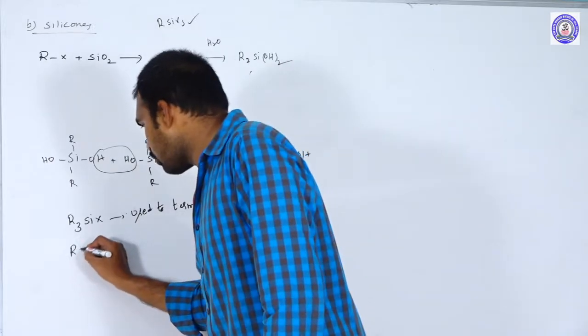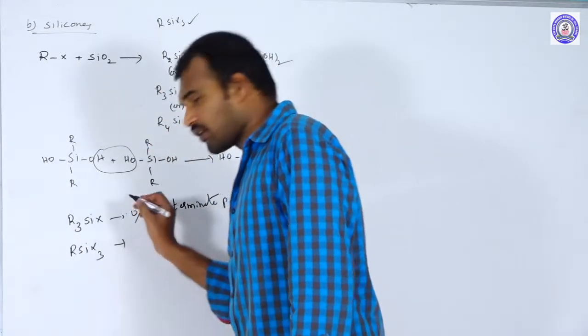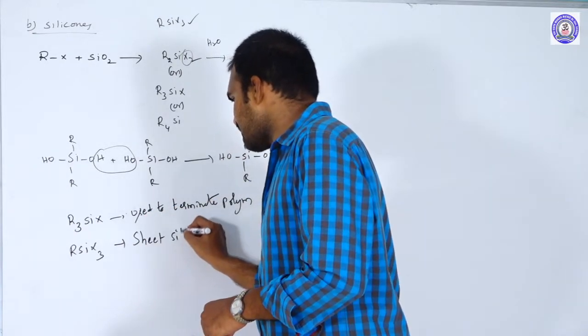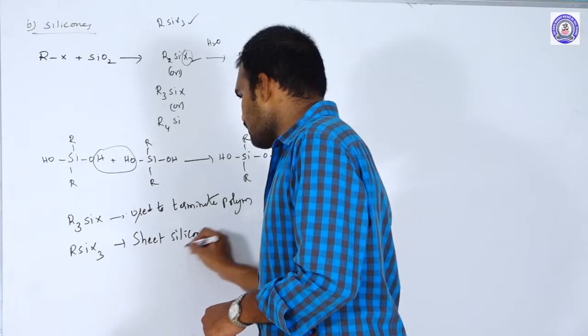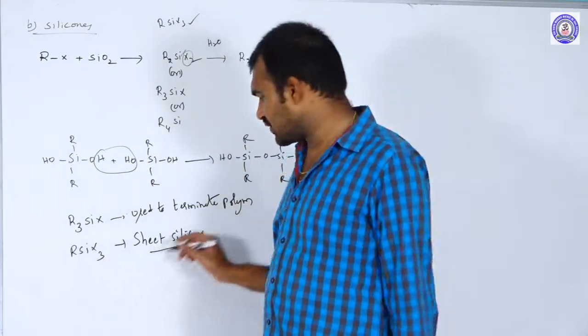Suppose you use monoalkyl silyl halide, RSiX3, we use this for the preparation of sheet silicates. Three-dimensional silicones we can also prepare using this.